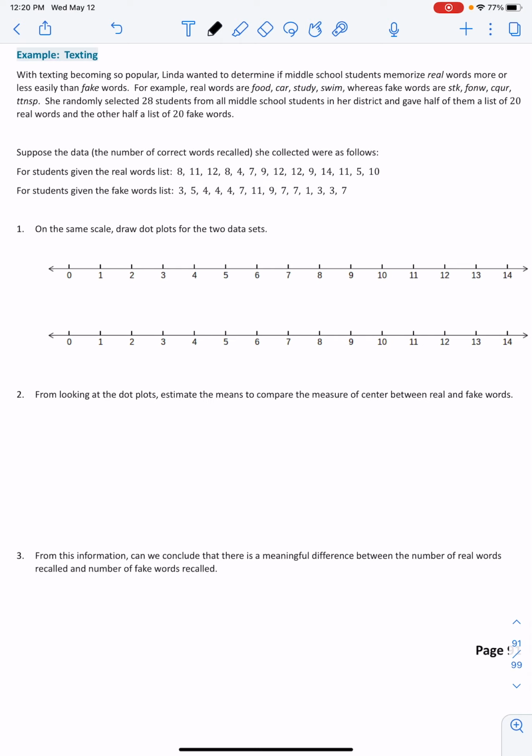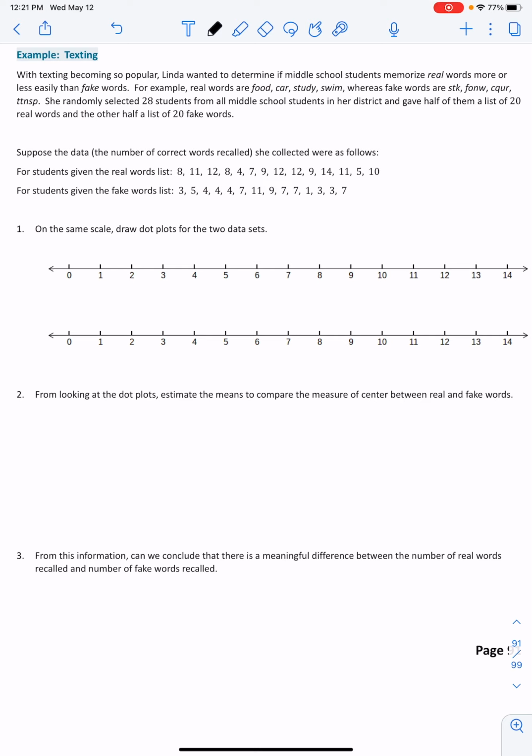For example, real words are food, car, study, swim, whereas fake words are, and I can't even read those. She randomly selected 28 students from all middle school students in her district and gave half of them a list of 20 real words and the other half a list of 20 fake words. Suppose the data, the number of correct words recalled, she collected were as follows.